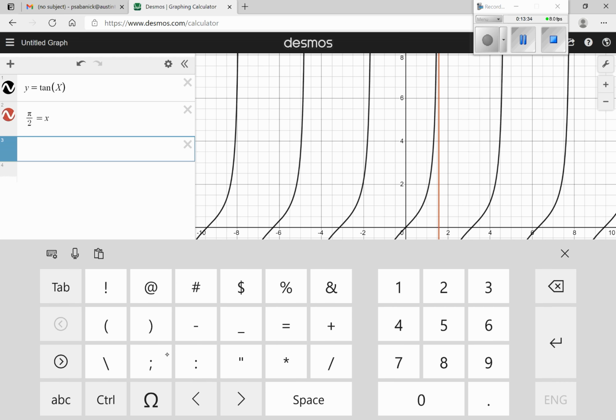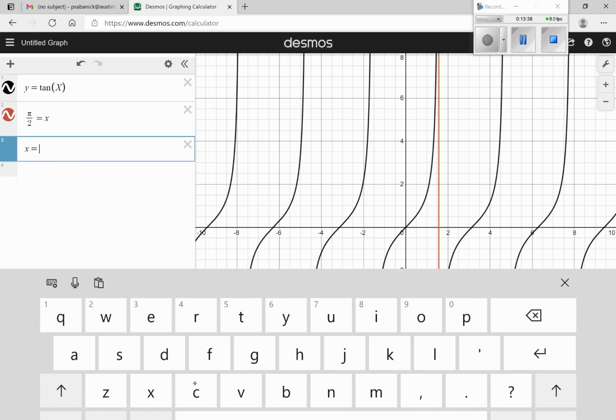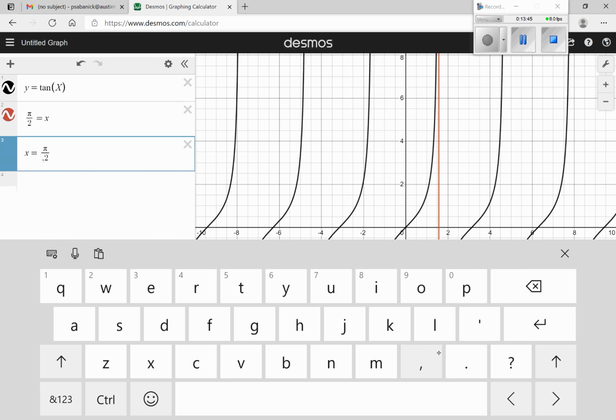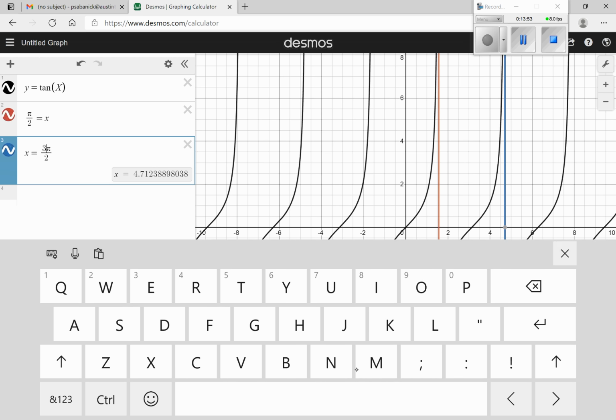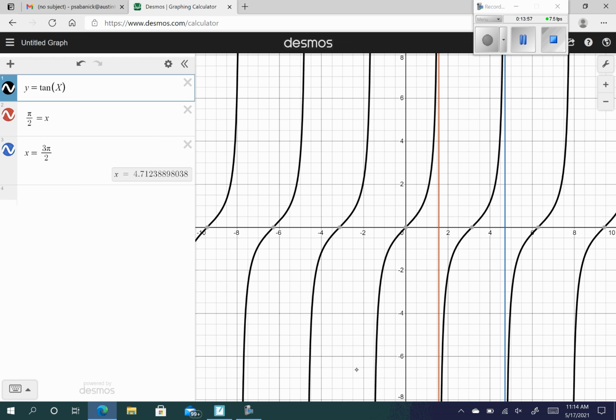Three pi over 2. So here are my two vertical asymptotes that I have in there. So here we have the point pi, 0.